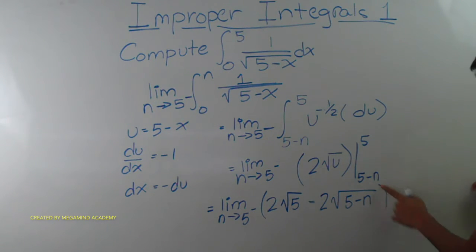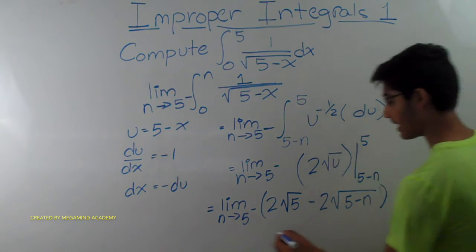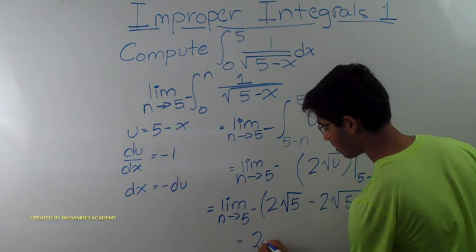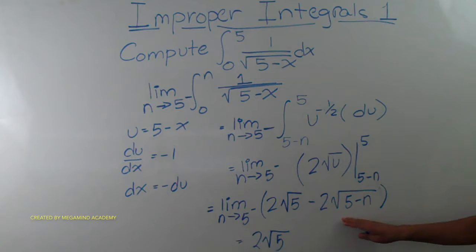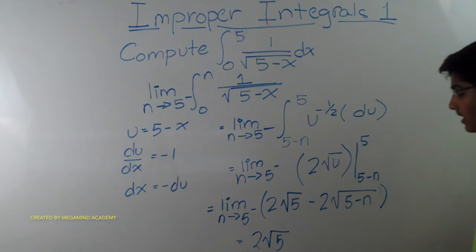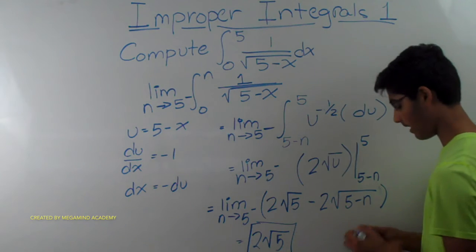Now, we can just substitute 5 into this limit to get 2 square root of 5 minus 2 times the square root of 5 minus 5, which is just the square root of 0, which is 0. So we get 2 square root of 5 minus 0. So the answer to this problem is 2 square root of 5.